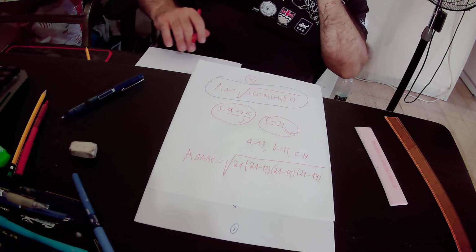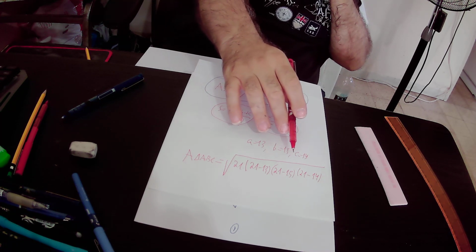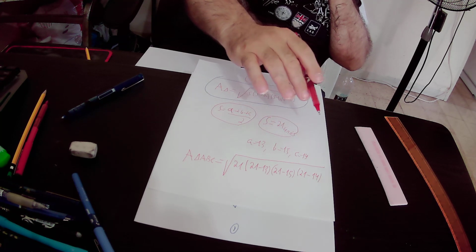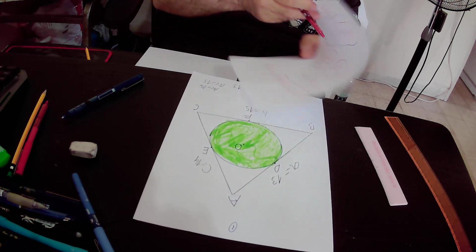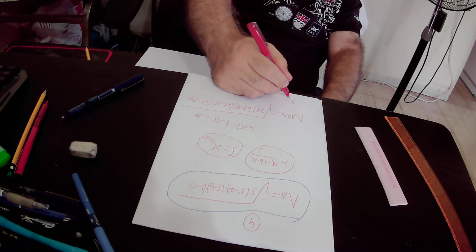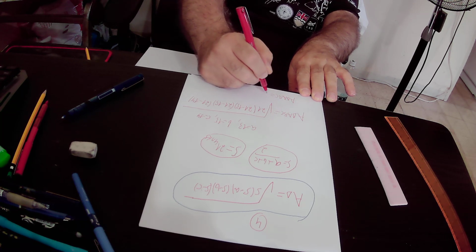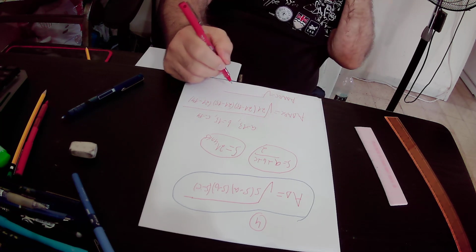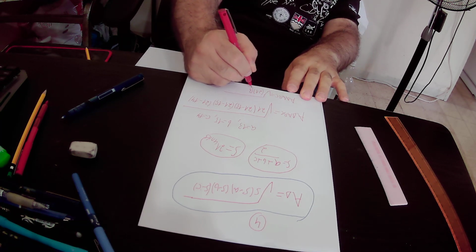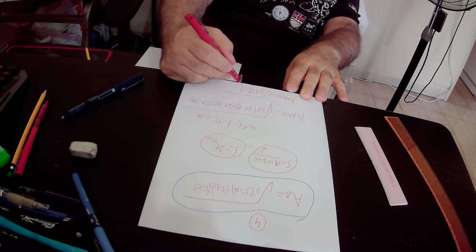And here 21 minus 13 is 8, 21 minus 15 is 6, and 21 minus 14 is 7, so I write it down. So the area of our triangle ABC equals the root of 21 times 8 times 6 times 7.